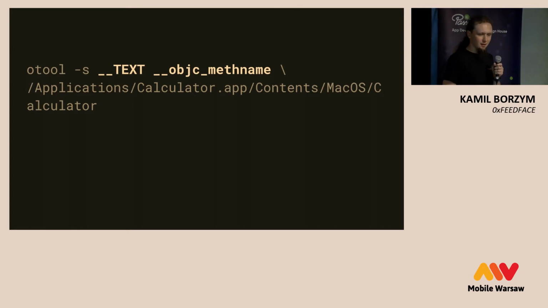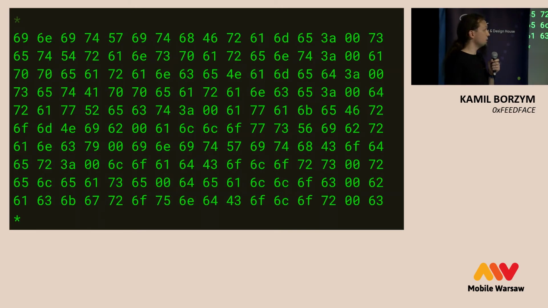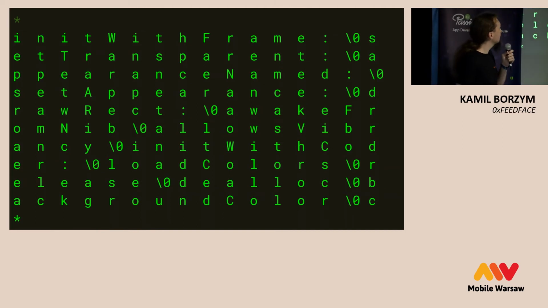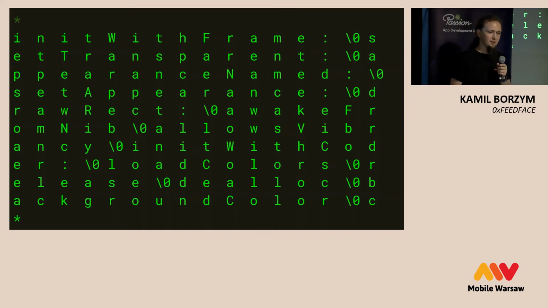And as you can imagine, this section contains all method names defined for Objective-C in that image. So let's replace all the bytes using ASCII codes. And initWithFrame, setTransparent, appearanceNamed. This seems like a selectors list, well-known selectors from iOS, but also some custom selectors.